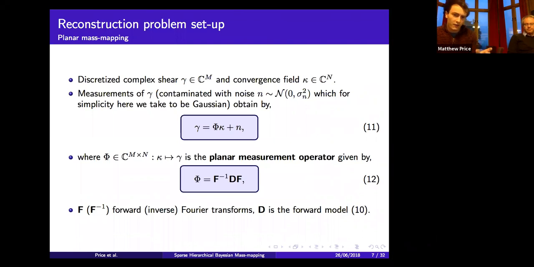So this operator here, phi, is what's typically called the measurement operator. And it's just, as we discussed before, the forward model of how you go from convergence to shear.